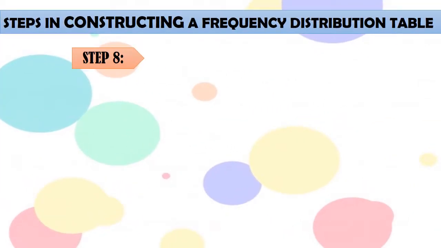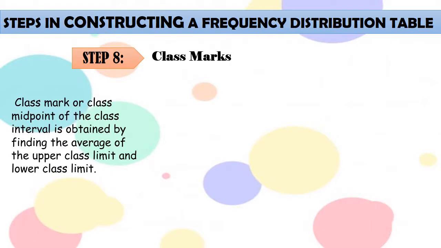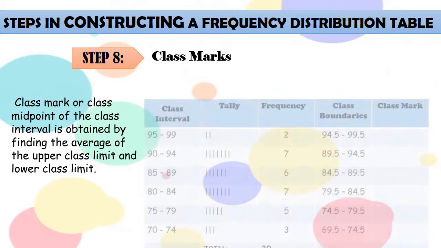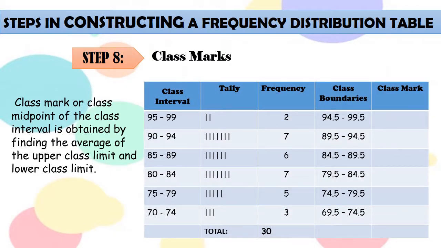The other additional column is the class marks. Class mark or class midpoint of the class interval is obtained by finding the average of the upper class limit and lower class limit. Based on our constructed table, the lower and upper class limits of our first class interval are 70 and 74.